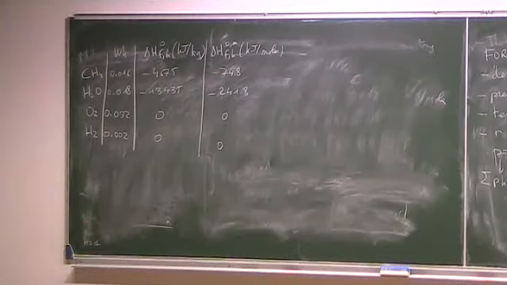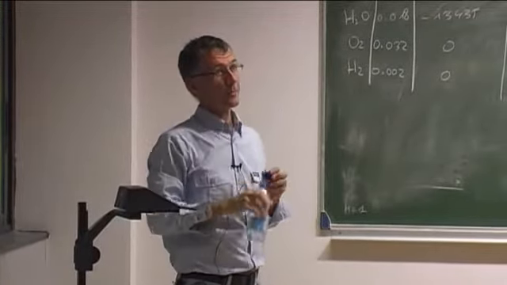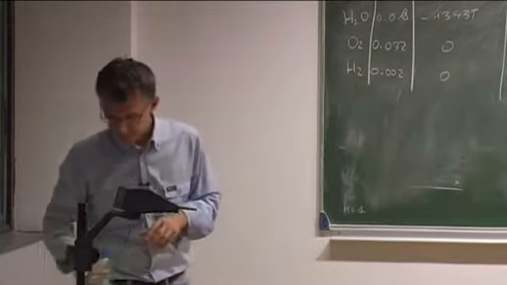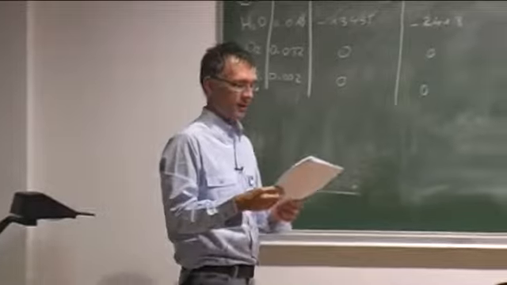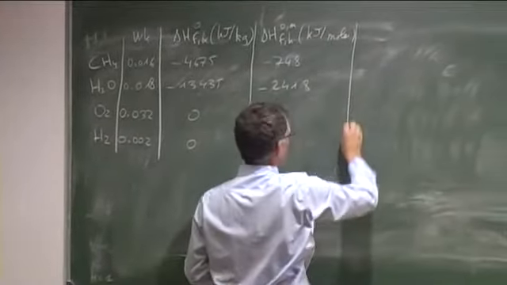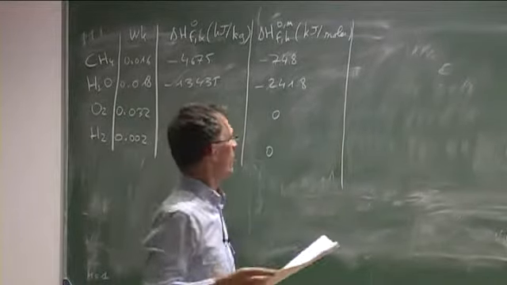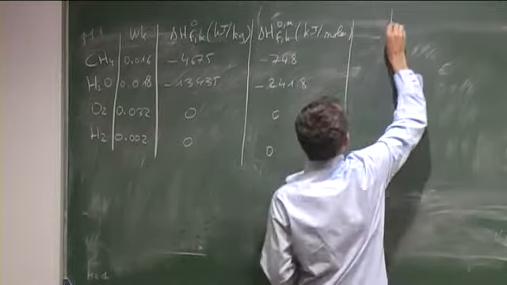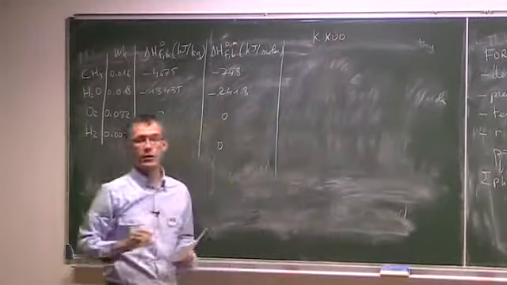Now, life would be easy if everyone in this world would use international units. But as you know, some people still use inches, feet, yards, and calories. So, for example, in the tables you have on your desk, I have given you tables coming from a book by Kenneth Kuo, and here the tables are given in calories.